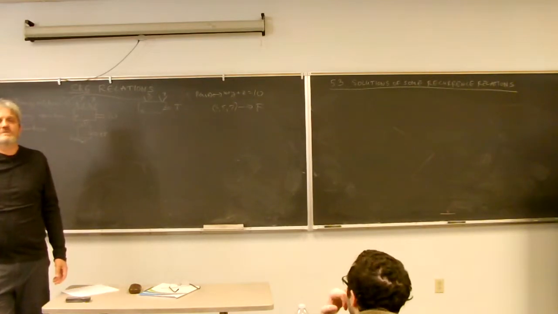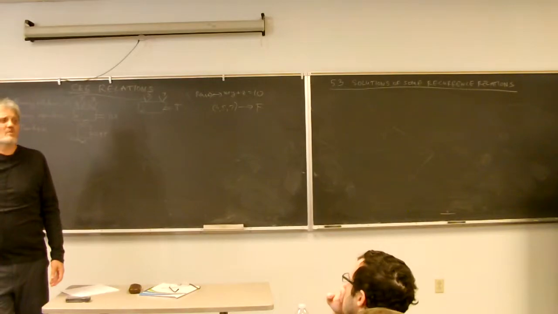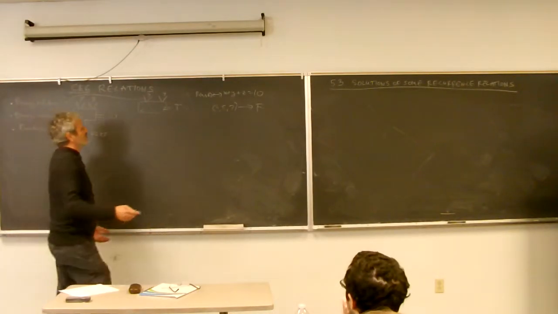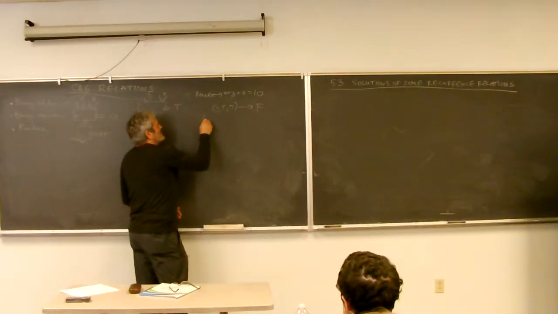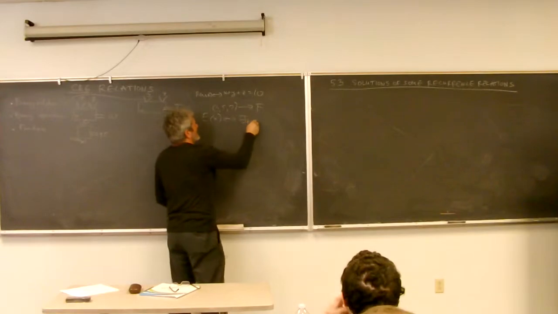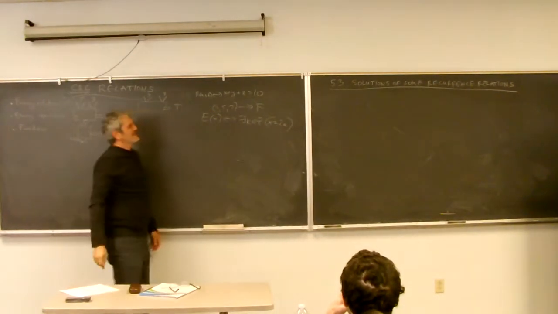Could a relation be of length 1? Yes, usually we call them predicates or properties. For example, I can say the following: E of x is equivalent to there exists k from Z such that x equals 2k. Does this property look familiar?